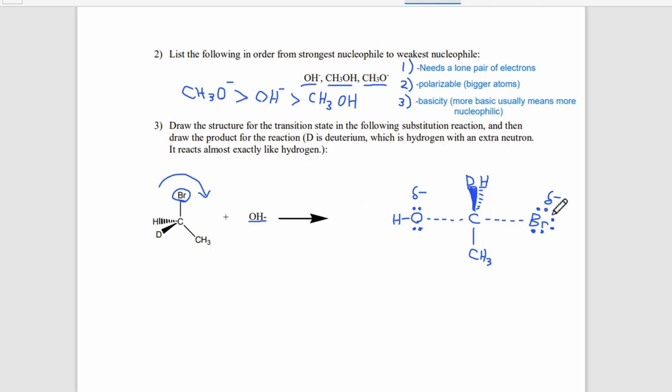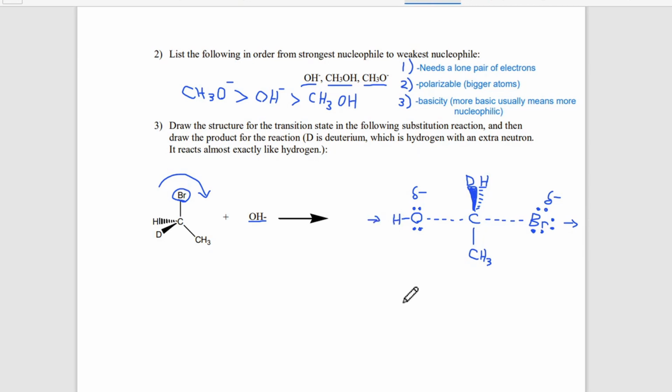So you can pull that over there. And so this would be your transition state. Does that make sense? This is in the process of leaving, and this is in the process of coming in.